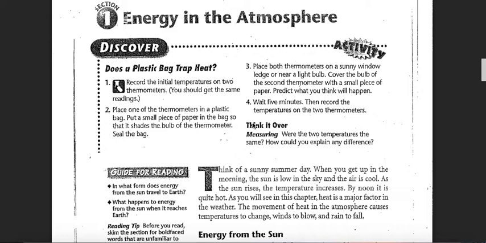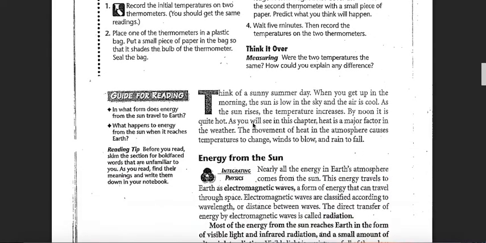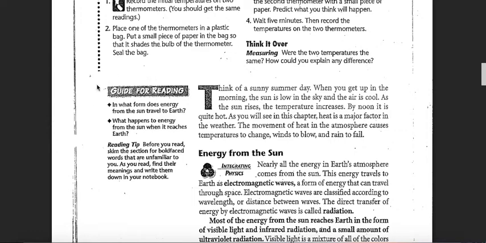Before we get started, I just want to show you a few quick things about looking at textbook readings that might really help you. The first thing is that these guides for reading, right over here on the left-hand side, can be very helpful in showing you what information is going to be the most important as you're reading through this text.